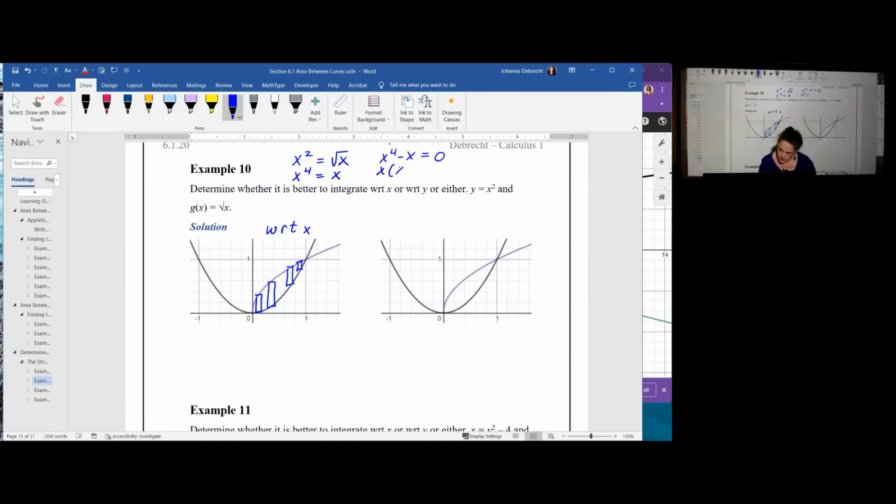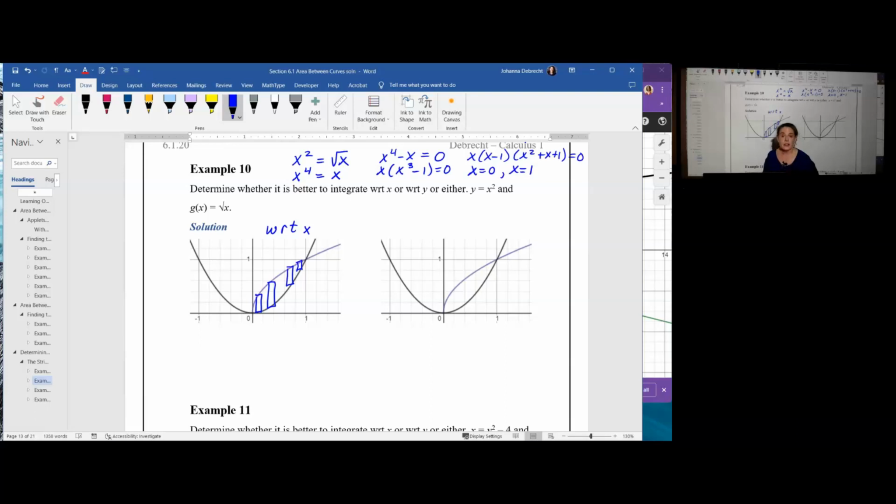When I factor, this becomes the difference of two cubes, which does factor. It gives me x times x minus 1 times x squared plus x plus 1. The quadratic will give me an imaginary solution, so I know it won't be on a real graph. The first two, however, give me the two intersection points that I'm looking for.